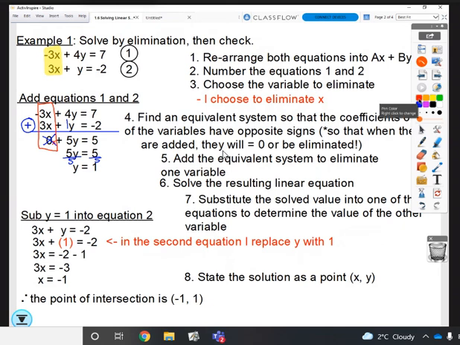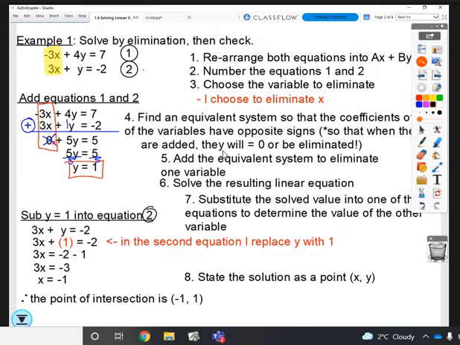Now, we take that y equals 1, and very similar to substitution, we sub it into either equation, for y. For whatever reason, I chose to sub it into equation number 2. Equation number 2, if you look up here, is 3x plus y equals -2. We sub in +1 for y and just solve.